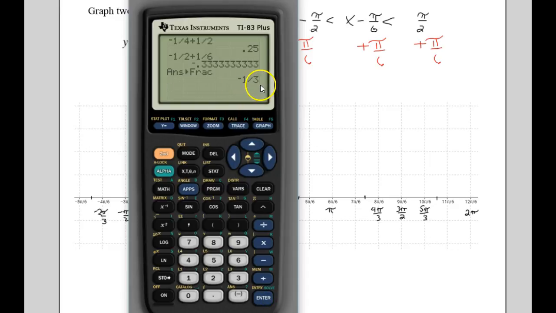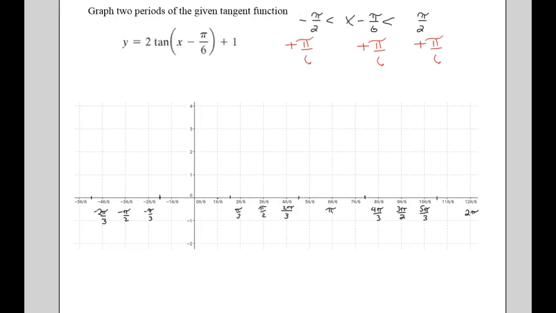That's negative pi over 3, our left vertical asymptote. And then our right vertical asymptote, this is 3 pi over 6 plus 1 pi over 6 is 4 pi over 6, which reduces to 2 pi over 3. So there is our second vertical asymptote.